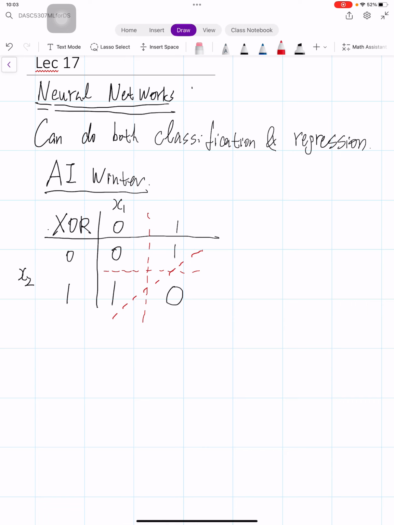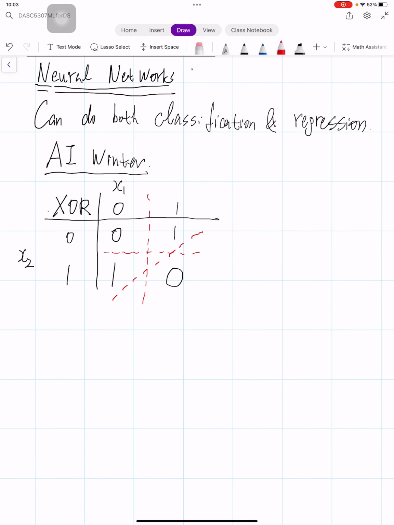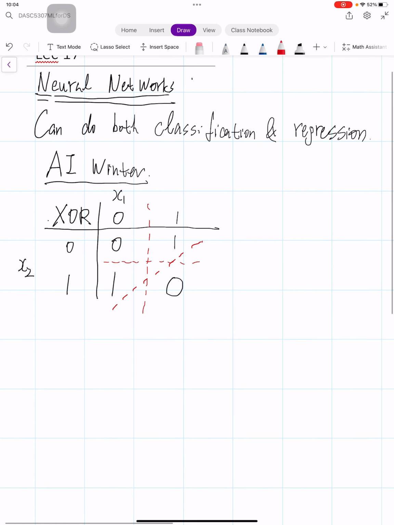There is a book devoted to the things perceptrons cannot do, and this is one of the most famous examples. Well, actually, later on, I will show you that by using deep learning techniques, we can do the job. We can classify such scenarios.